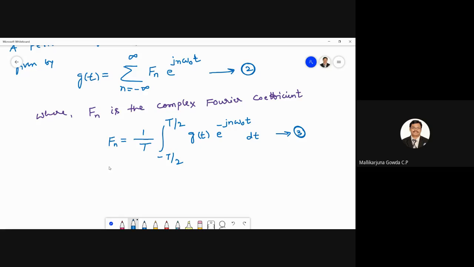Okay. So now, this is the general g of t, and how I define the Fourier coefficient and all. So now let me try to apply this to our present context. What is our present context? Which one I said is a periodic signal?